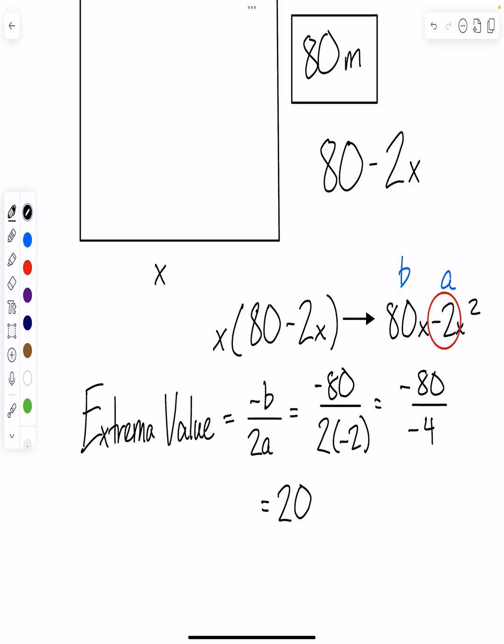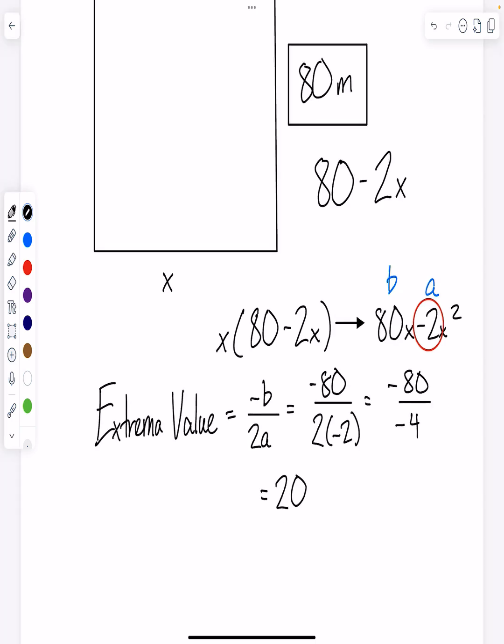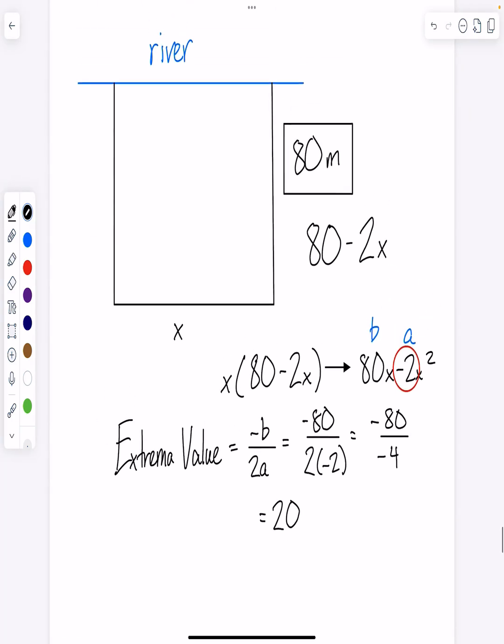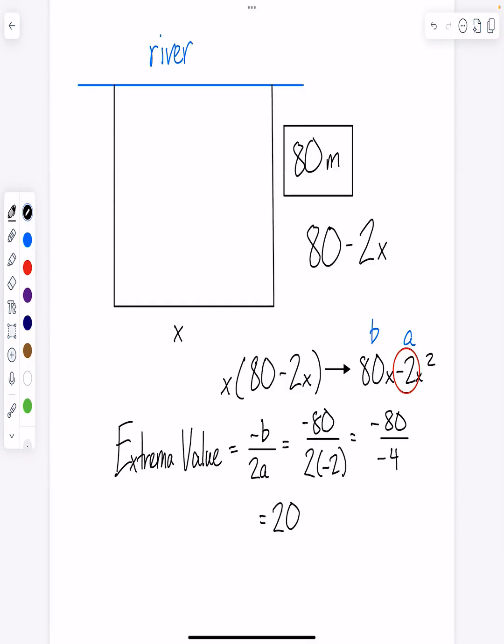So when I deal with 20, right, in this case, then I know I have the max possible area for this fencing. So let's figure out what that corresponding value would be. So if I take my 20, that's equal to x, and let's say I plug that back into my other term to figure out what that would be.